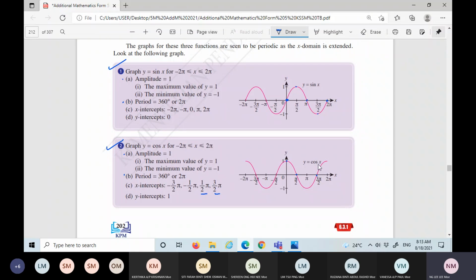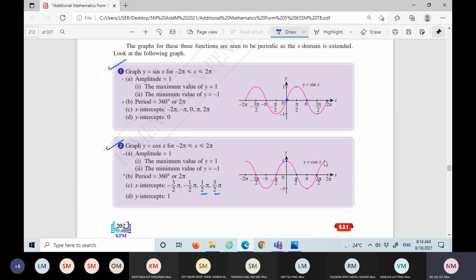Then for the cos x graph, you have to remember the shape. It starts from the maximum point at 1 when x is 0. Then it comes down, and when x is pi over 2, y is 0. Then it comes down some more. At half of the graph, when x is pi, it reaches the minimum point, which is -1. Then it comes up, at 3 pi over 2 the y is 0, and then it completes one cycle at 2 pi.